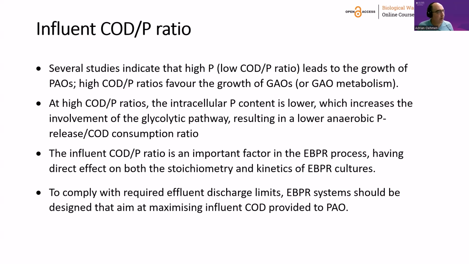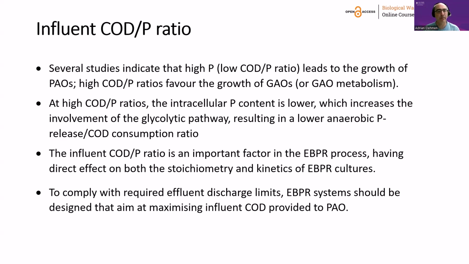So with the influent COD to P ratio, this is one influent characteristic: how much COD do we have present in the wastewater influent, and how much phosphorus. A number of studies have shown that high phosphorus presence or low COD to P ratio favors the growth of POWs, whereas a high COD to P ratio or low phosphorus in the influent can favor the growth of GAUs or a GAU-like metabolism.